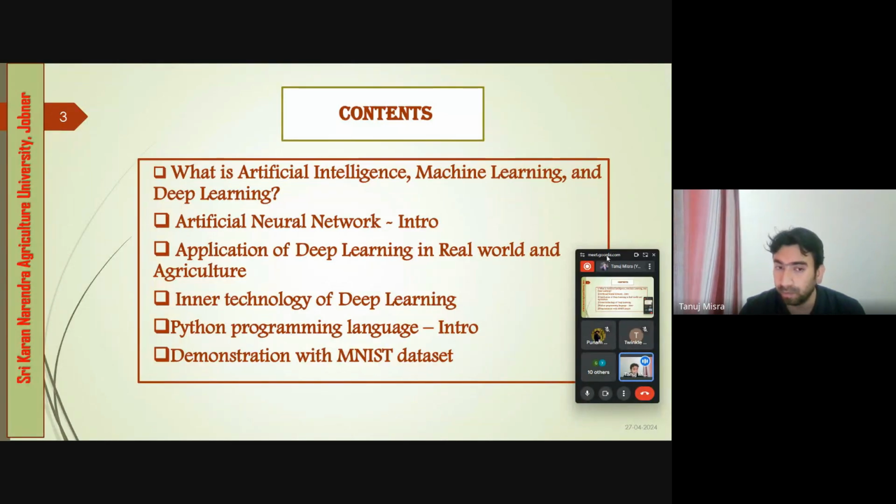We'll discuss this, and if the participants are interested, I will give a demonstration using plant data and handwritten text data, showing how machines are trained and how they can analyze the data. So let's start one by one.